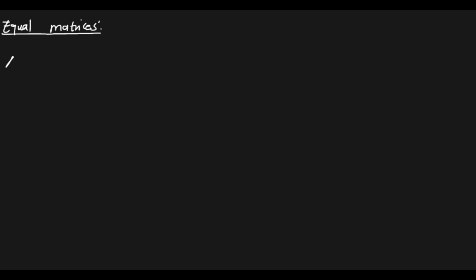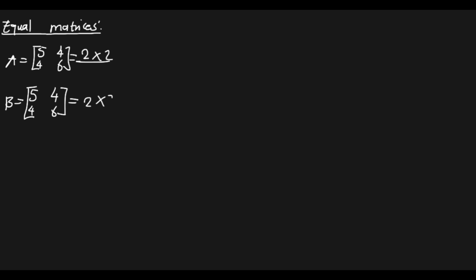For example, if we have matrix A with elements, then another matrix B, we can first look at the order. This is a 2 by 2 matrix, and this is also a 2 by 2 matrix.